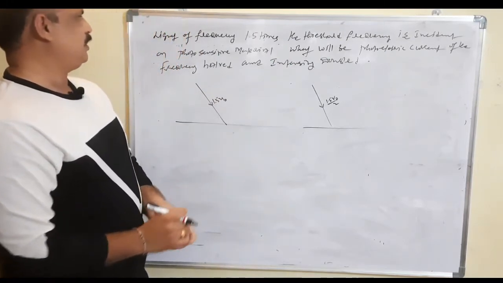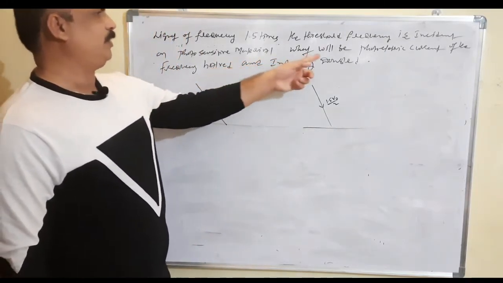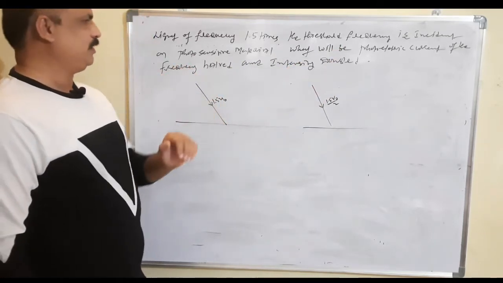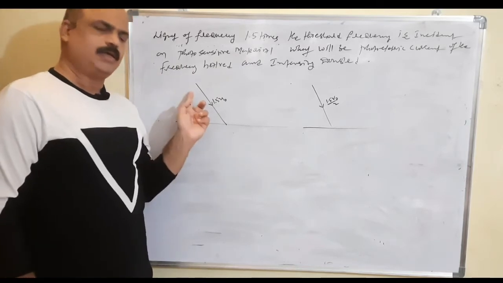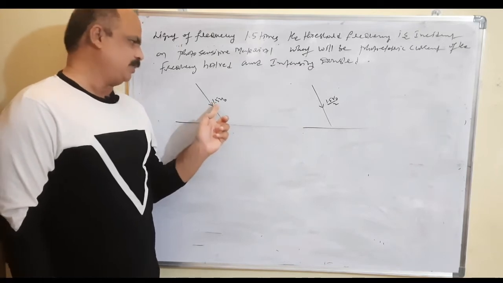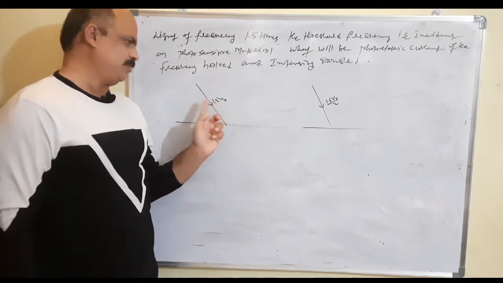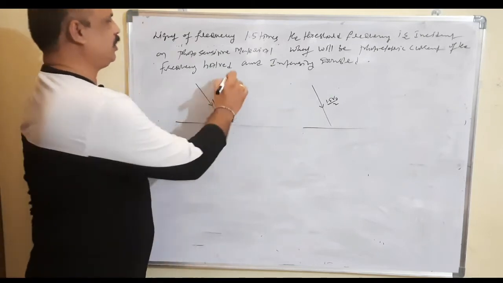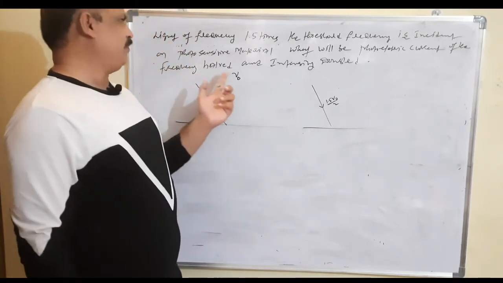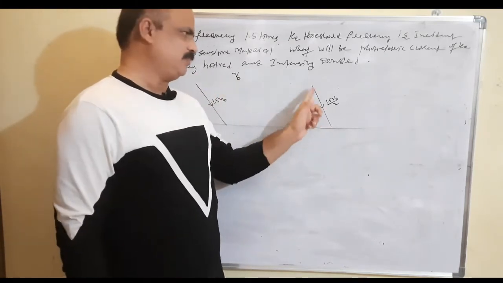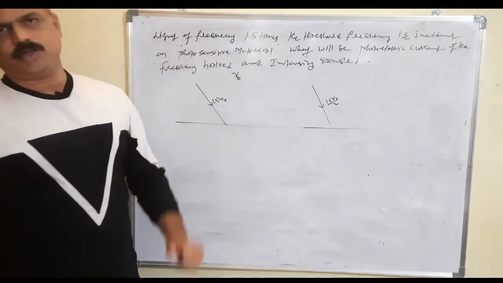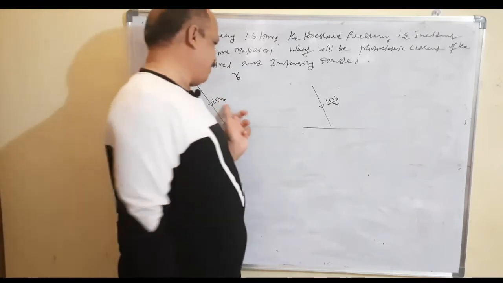In this question, what will be the photoelectric current if the frequency is halved? Initially the light incident on the photosensitive metal is 1.5 times the threshold frequency, 1.5 mu naught, where mu naught is the threshold frequency. If this frequency is halved, that means 1.5 mu naught by 2, and the intensity is doubled.